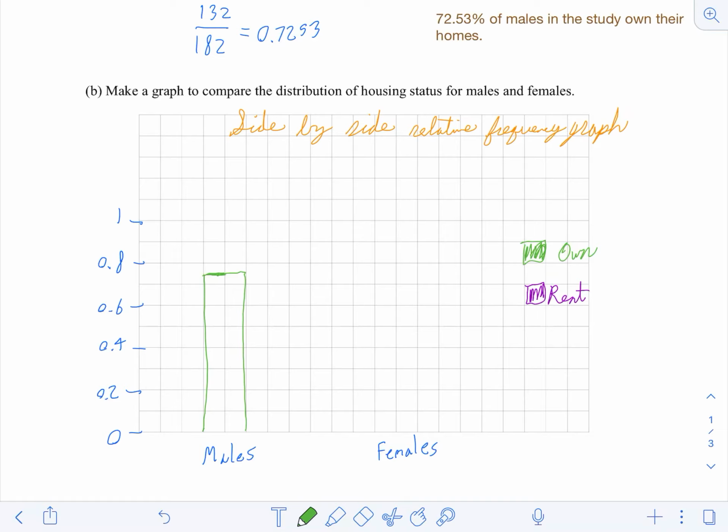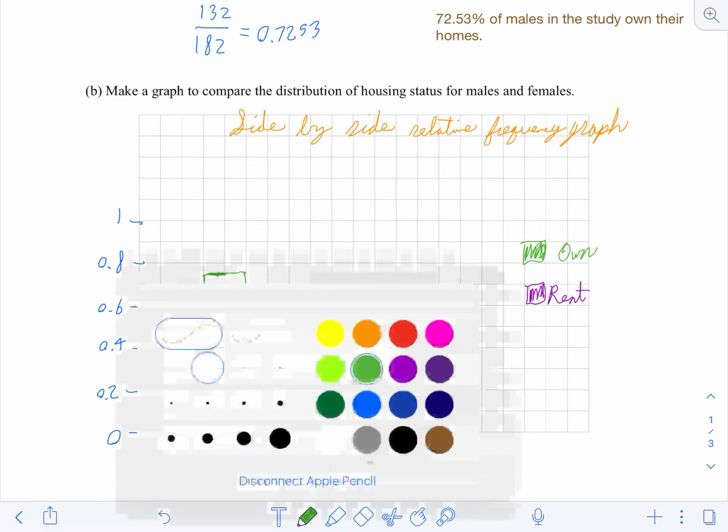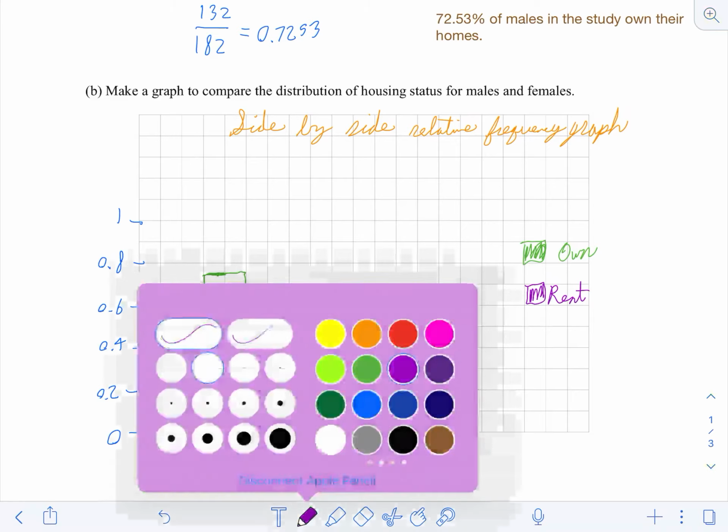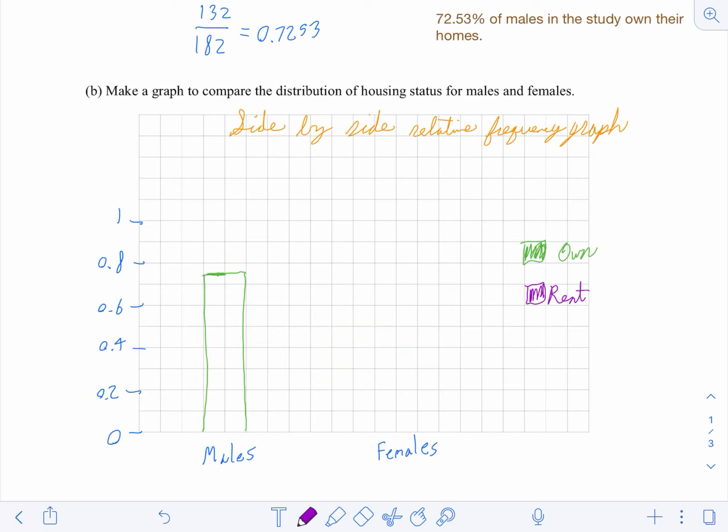Because 72% is how many own their home, that means that roughly 27.5% rent their homes. So that's the one I'm going to fill in next. 27.5%, right about there. Okay.